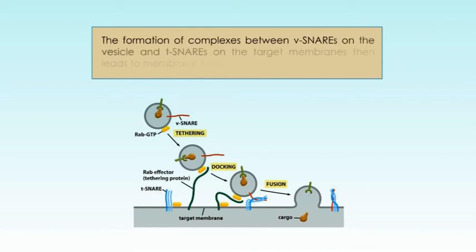The formation of complexes between V-SNAREs on the vesicle and T-SNAREs on the target membranes then leads to membrane fusion. There are at least 20 different SNAREs in an animal cell, each associated with a particular membrane-enclosed organelle involved in the biosynthetic, secretory, or endocytic pathway.